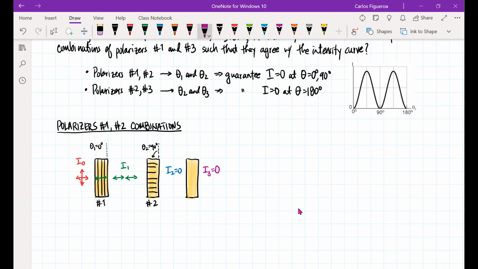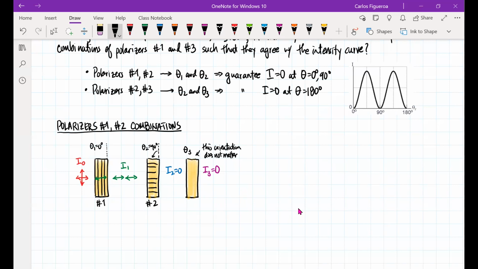Okay, now there's another combination. I should be careful and say that the orientation of the third polarizer does not matter, because there's no light going through that polarizer.